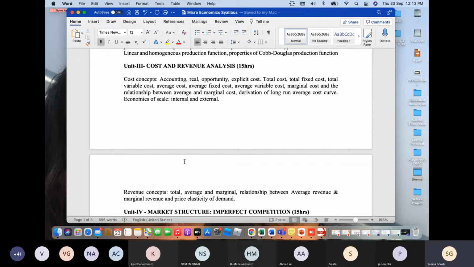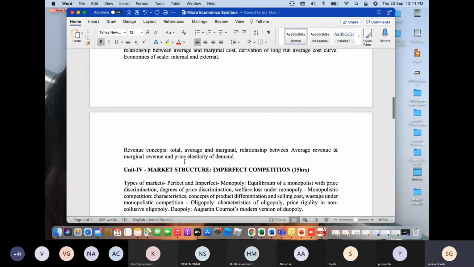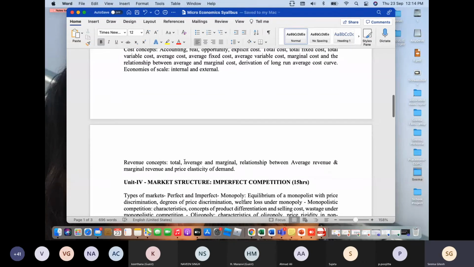So the production of goods and services always has the expense in the form of cost, and always will earn revenue for the firm in terms of sales. Because when the producer is producing the commodity, he is producing it to sell. So when you talk about selling, it is known as the revenue for the firm. So we will be talking about production, cost and revenue. They are all interrelated to each other.